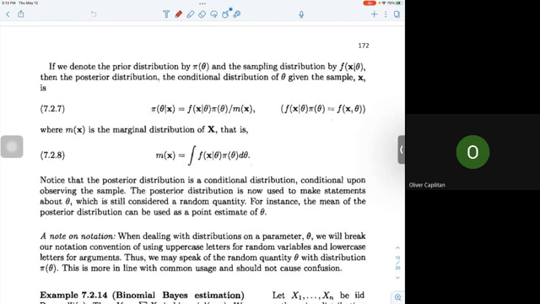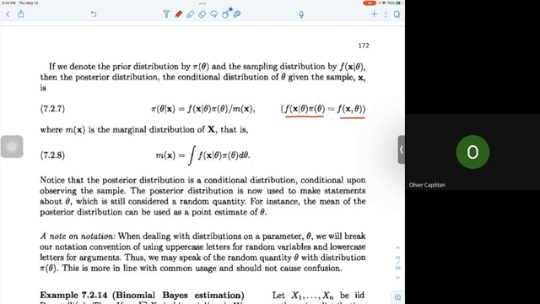We can obtain this marginal distribution of x by integrating out theta in this expression: the integral of the product of the joint PDF or PMF of our sample times the prior distribution, d theta. This product of the joint PDF or PMF and the prior distribution can be expressed as f of the sample x and theta.